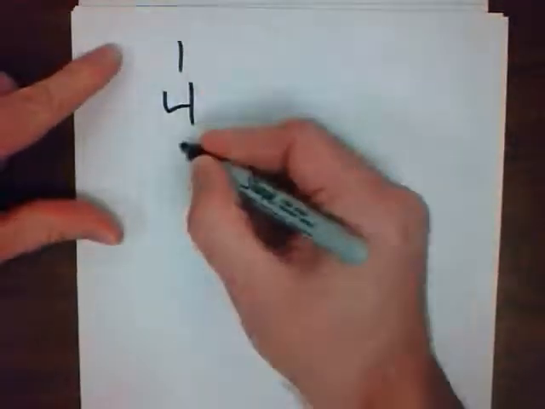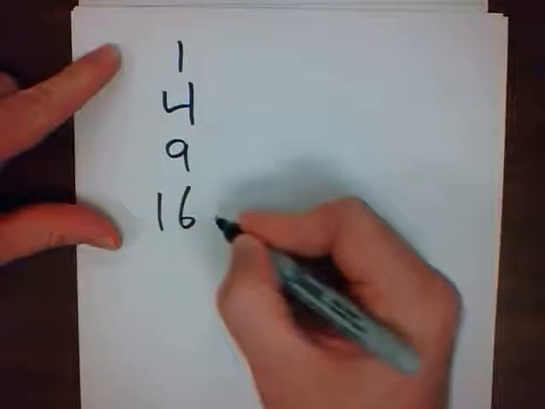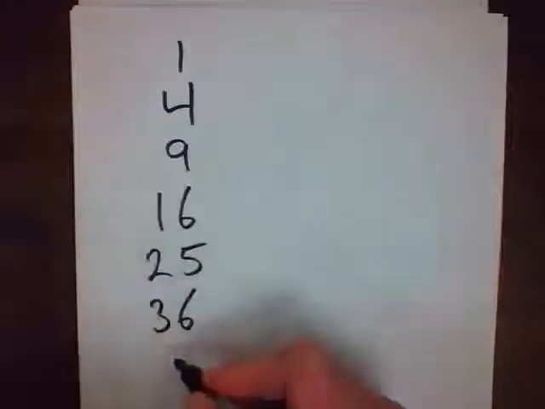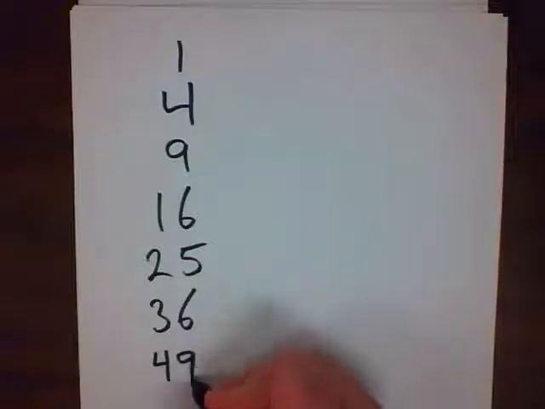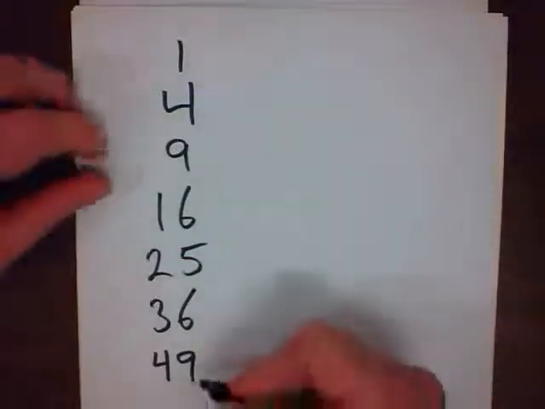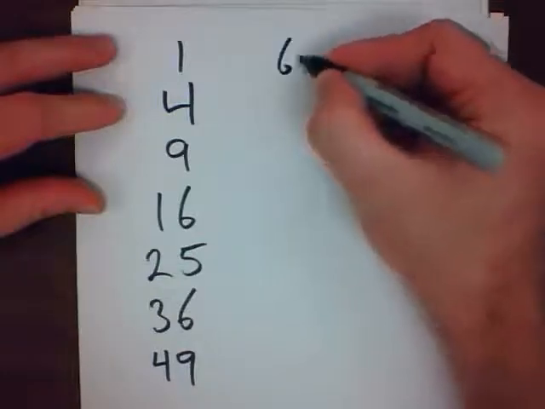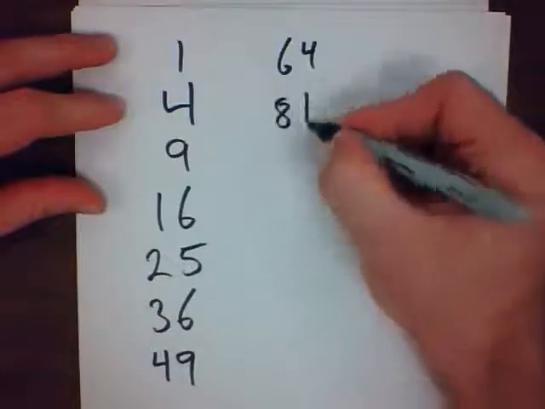The most obvious numbers, or easiest numbers I should say, to find the square roots for are the perfect squares. And so on.